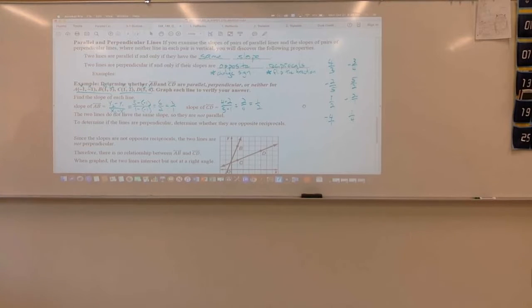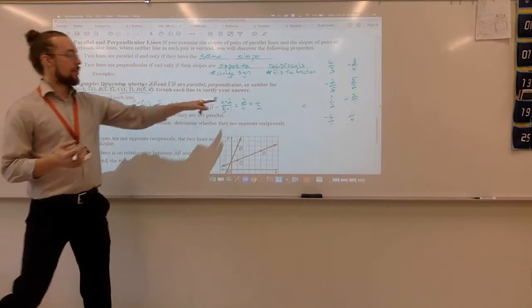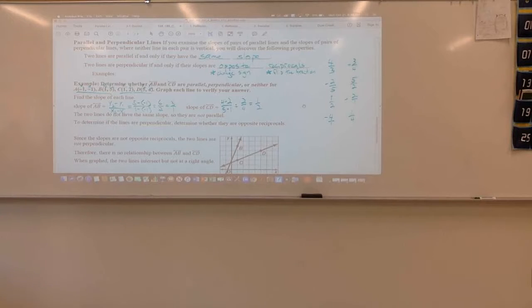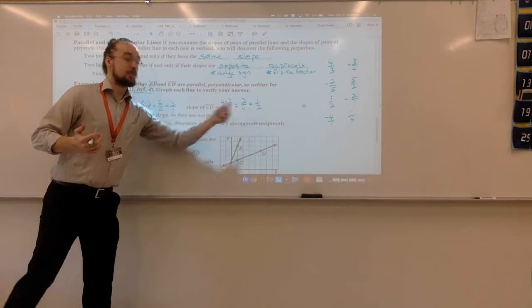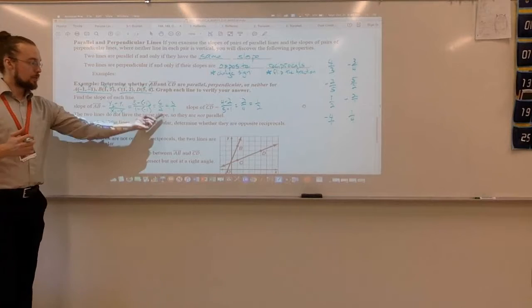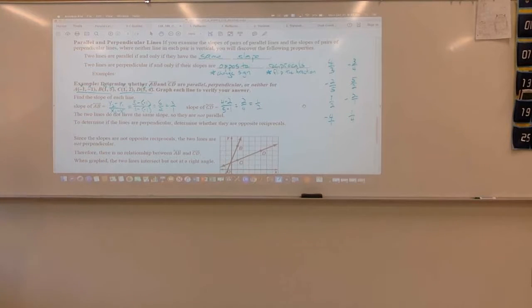So did we get 1/2 for the slope of CD? Yeah, I think we ended up getting 2 over 4, but that reduces to 1/2. So now let's compare the slope of AB and the slope of CD. Okay, we got 3 over 1 for AB, and then 1 over 2 for CD. Those are obviously not the same, right?